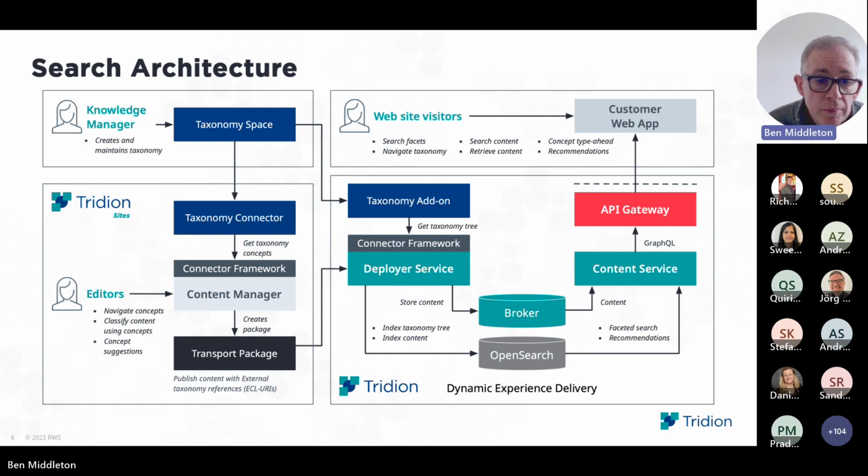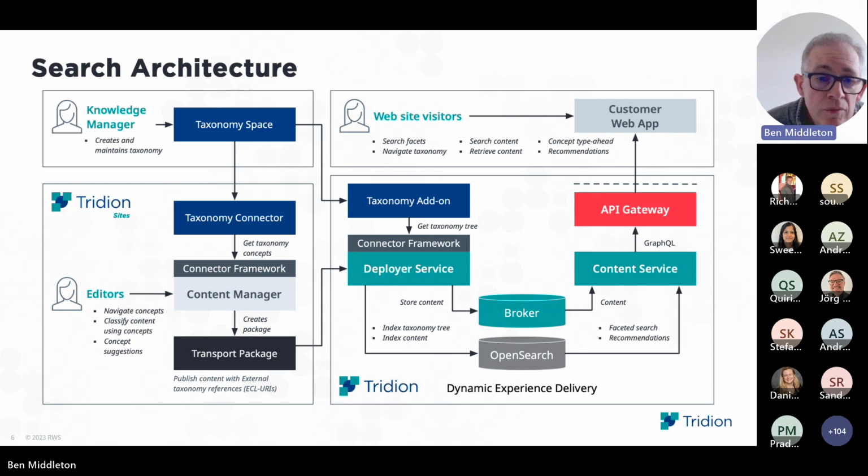So that's the responsibility of the deployer here. Obviously, it's putting the content as well into our broker database. And finally, the content service is where we now expose the facilities on top of these indexes, where we previously had faceted search, and we've added in the recommendations piece here.